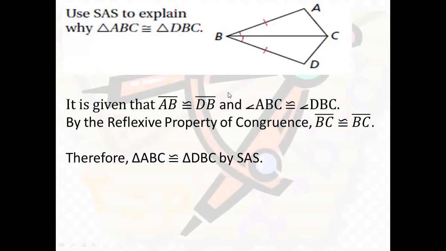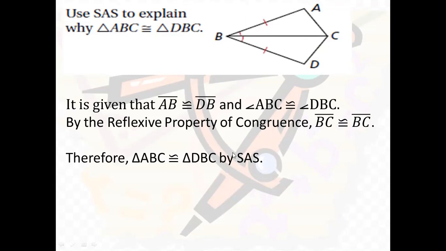And angle ABC is congruent to angle DBC, which means these two angles. By the reflexive property of congruence, BC is congruent to BC. That's the common side. Therefore, triangle ABC is congruent to triangle DBC by SAS.